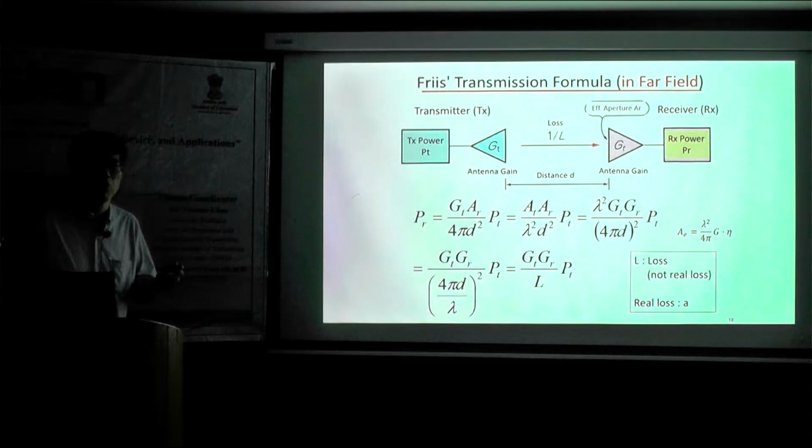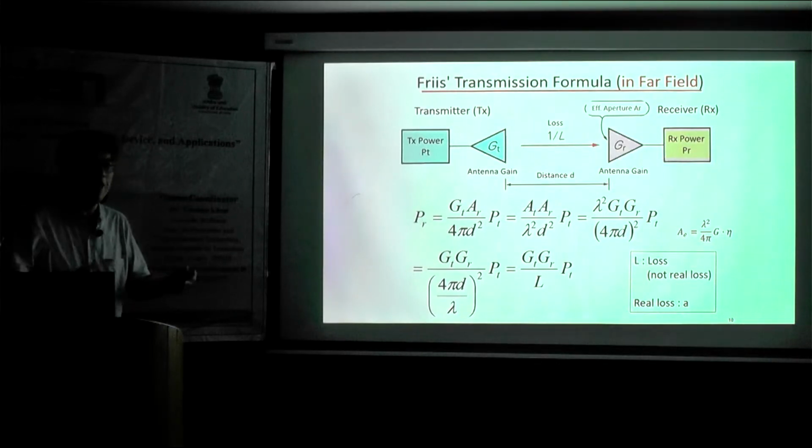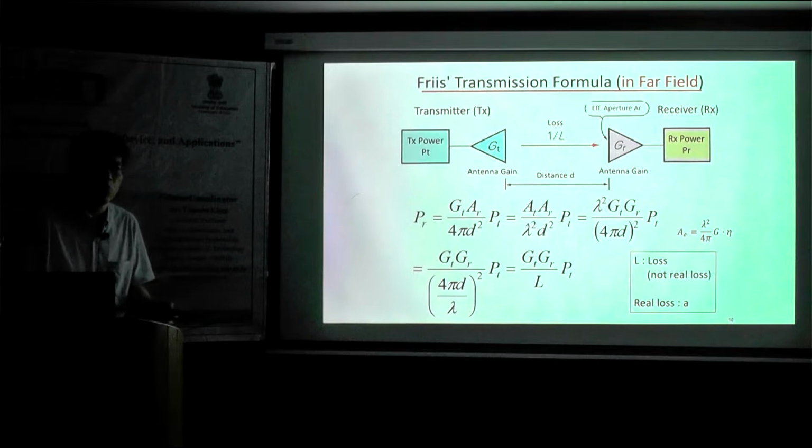This is just diffusion only. So there is no real loss in this Friis transmission formula. So please don't confuse. This is a loss, but loss by distance, diffusion or expansion of the radio waves.